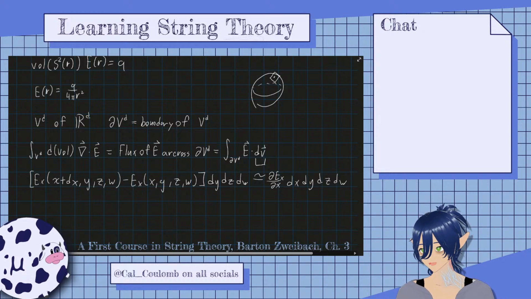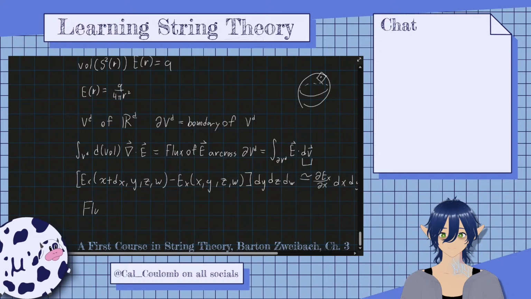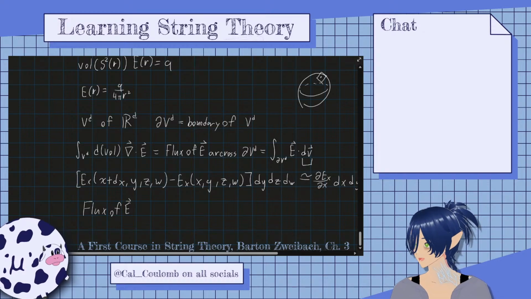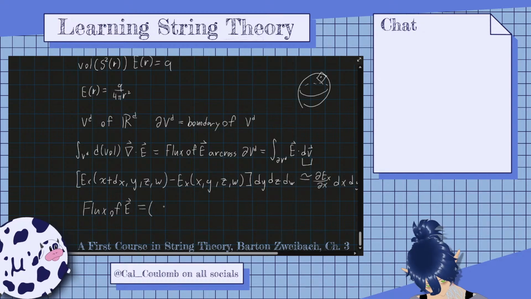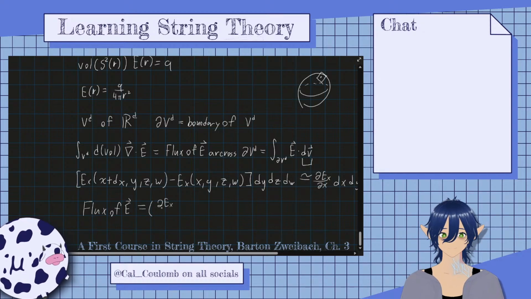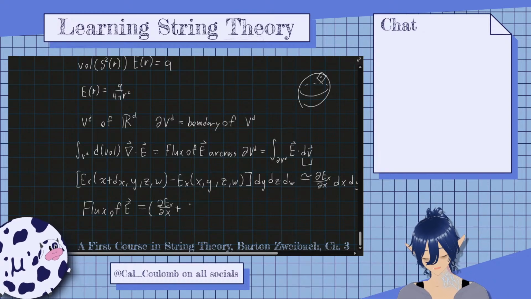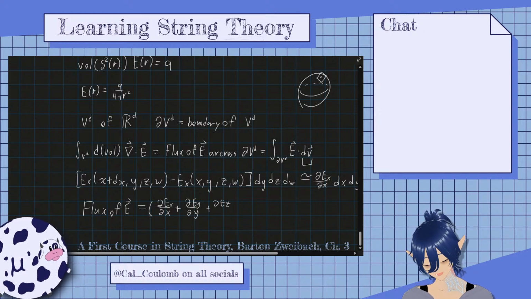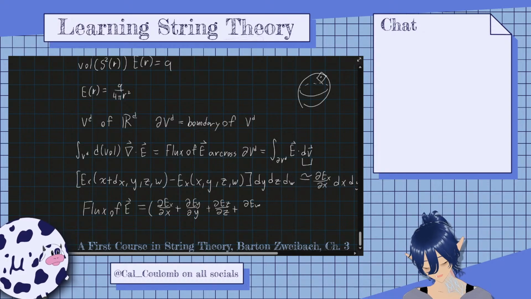The total net flux from the little cube, sometimes denoted as phi sub E, is equal to partial E_x over partial x plus partial E_y over partial y plus partial E_z over partial z, and then plus partial E_w over partial w.